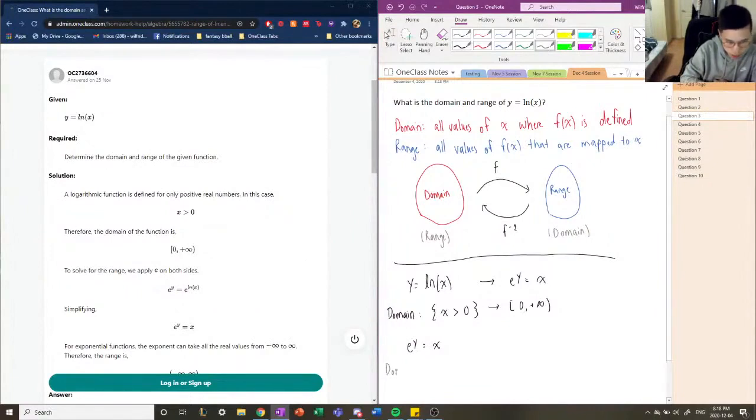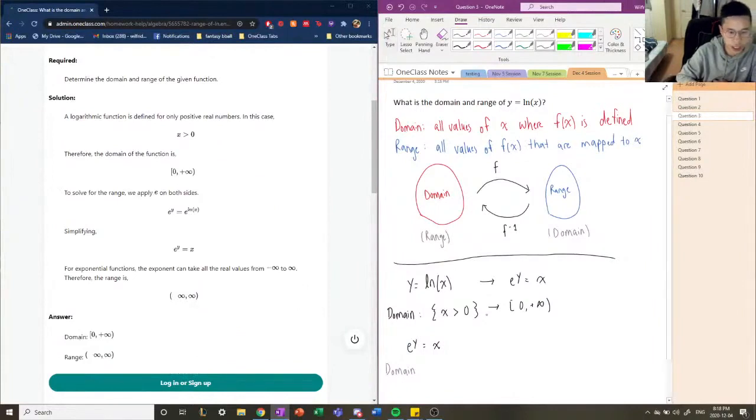Well, the domain of this function is that y can be any of the real numbers. So y belongs to the real number set.